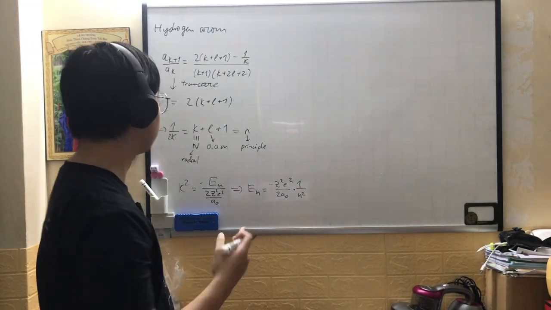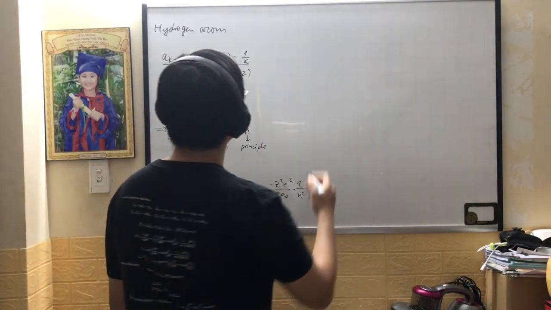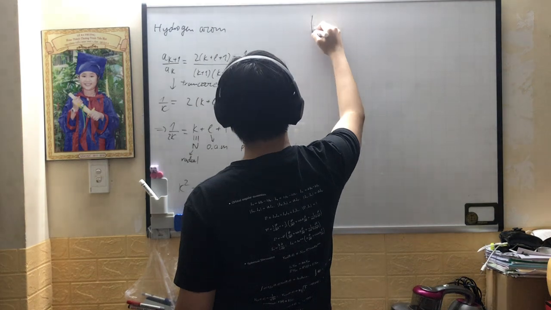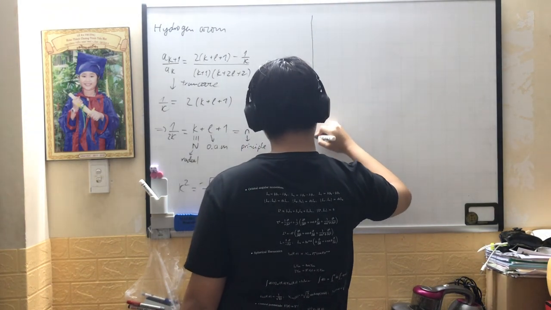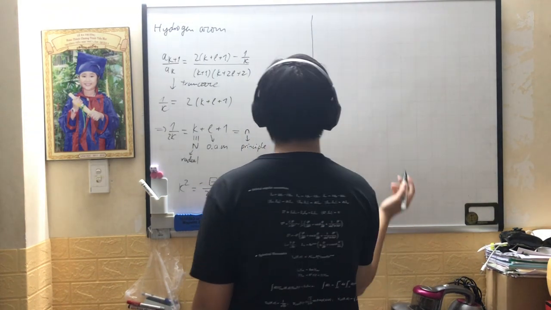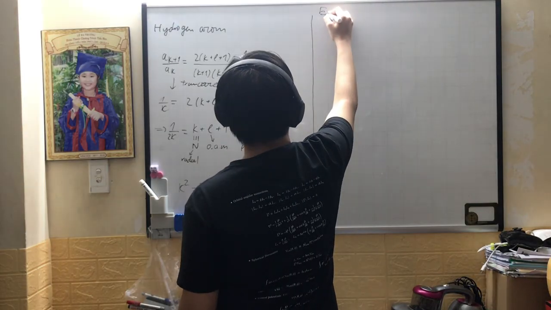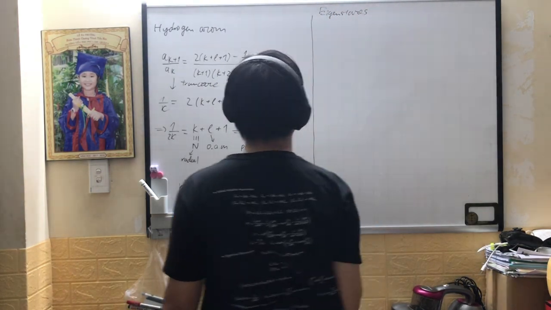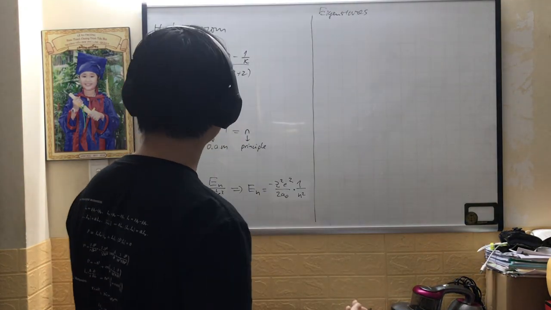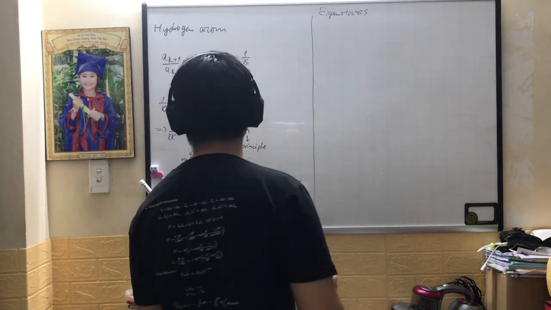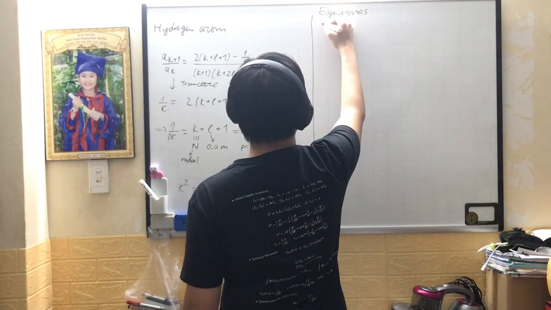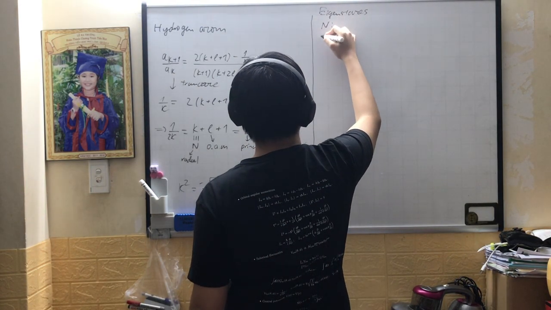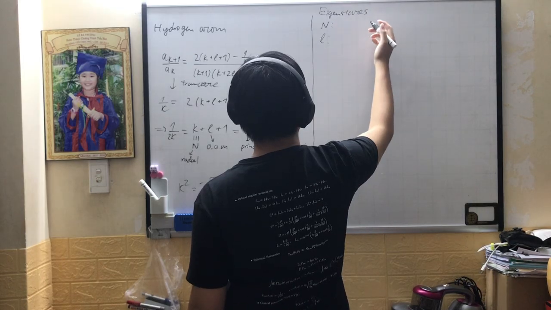Okay, so now that we have this, let's take a look at the eigenstates. For eigenstates, we're gonna have a chart, but first I'm gonna write your quantum numbers and let you know the range of these first.